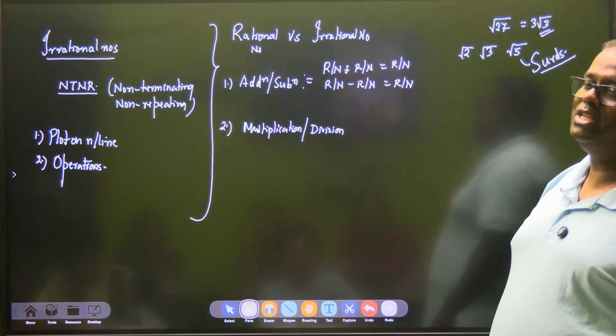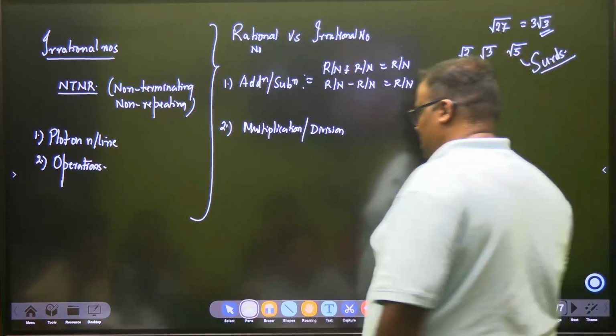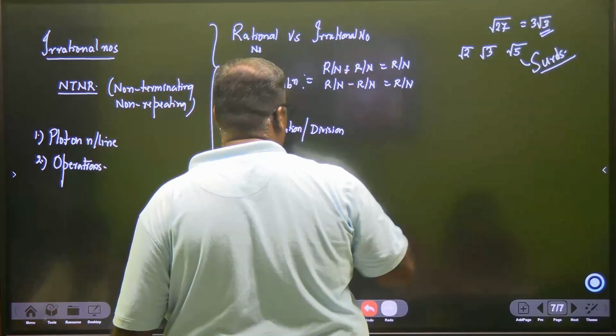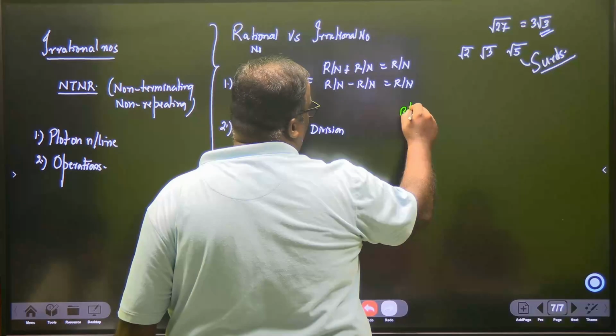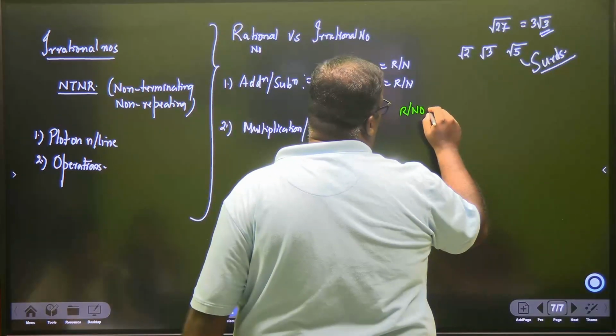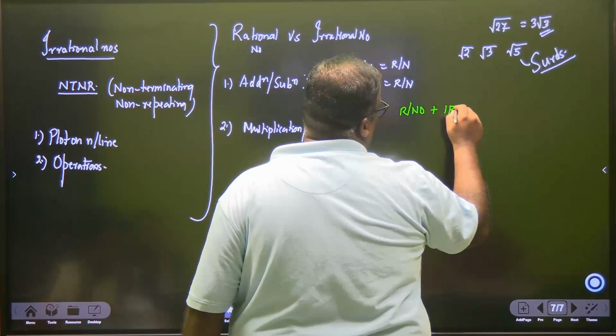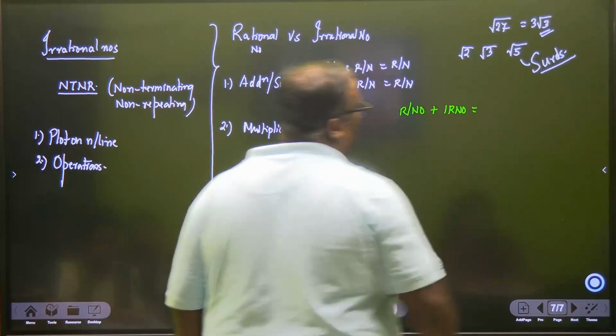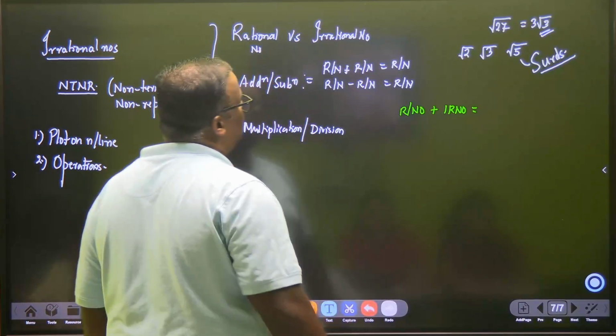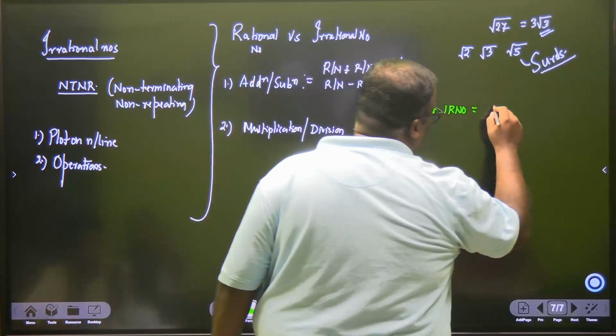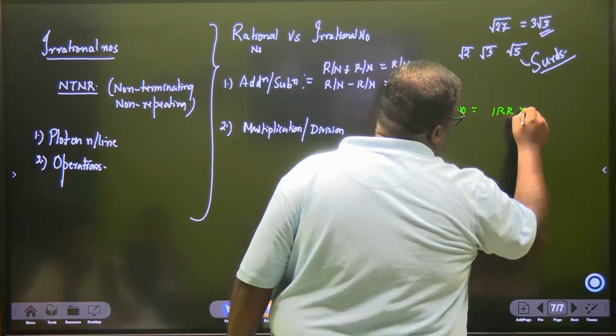The problem arises when you take, now I'm writing this with a different color and with examples we'll see, a rational number and you add an irrational number. Then in that case we will always get an irrational number.